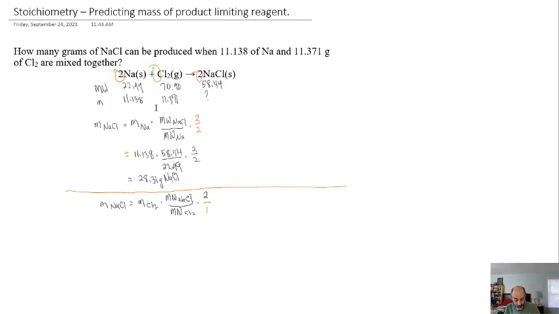Now we're ready to put numbers in, because we have all the numbers we need. The mass of Cl2 is 11.371 grams.